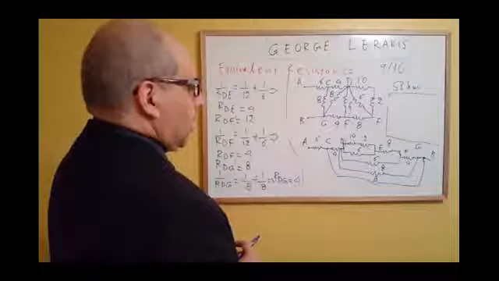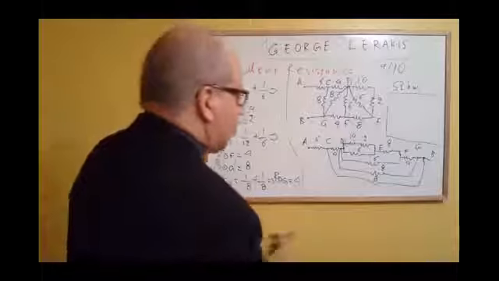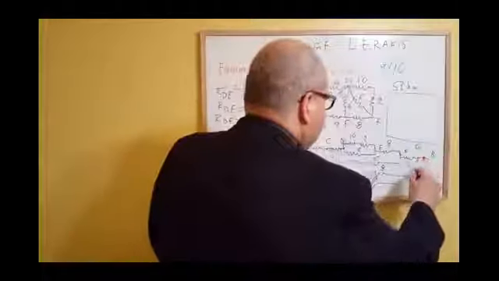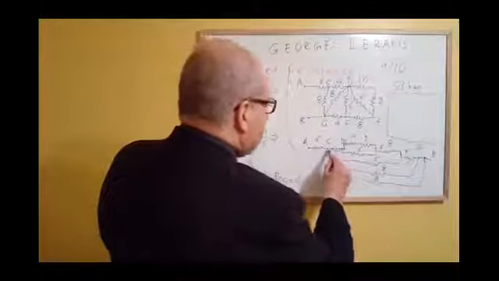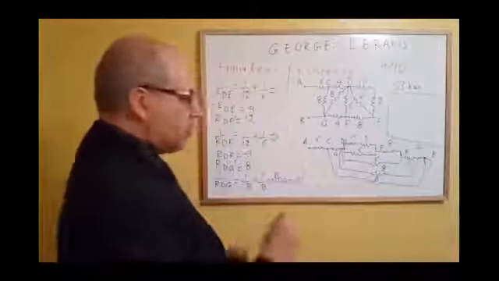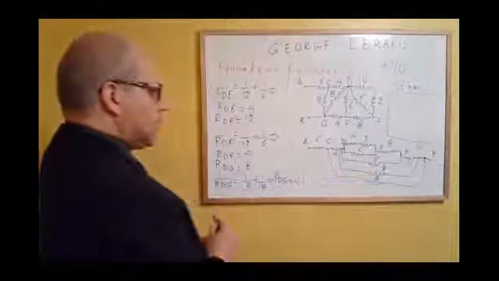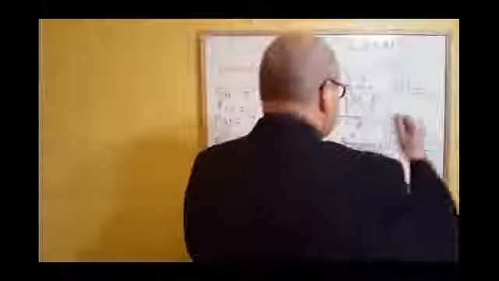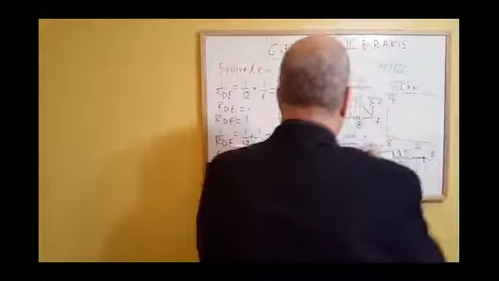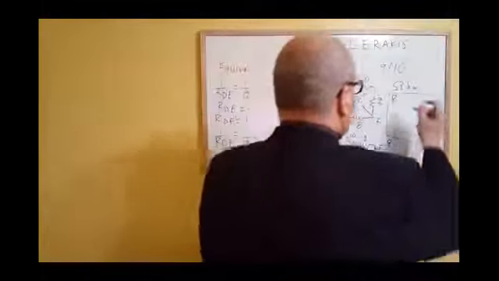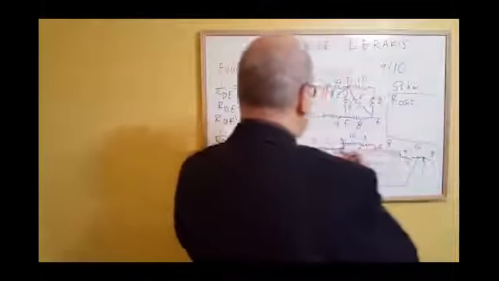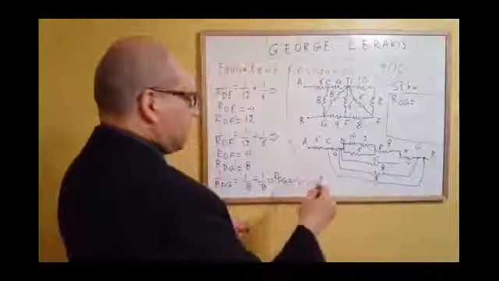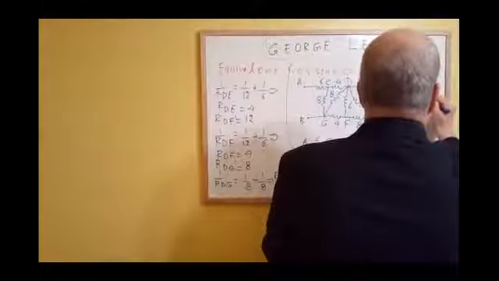And now you see that all this, which is the 4, is connected in series with this here. So that means that the R from C to G is 4 plus 4, so that's 8.